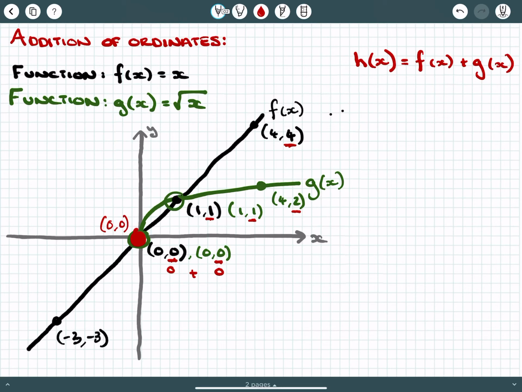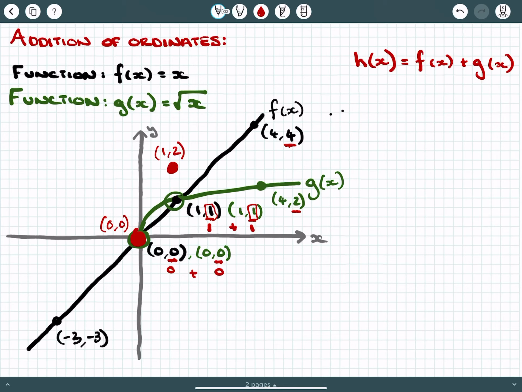Then if I go to my next coordinate and I say 1 plus 1, so this is when x equals 1. So when x equals 1, we have 2. That's up here, and that will be (1, 2). That 2 comes from adding this coordinate and this coordinate together.